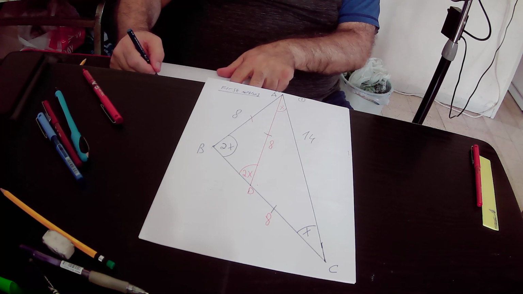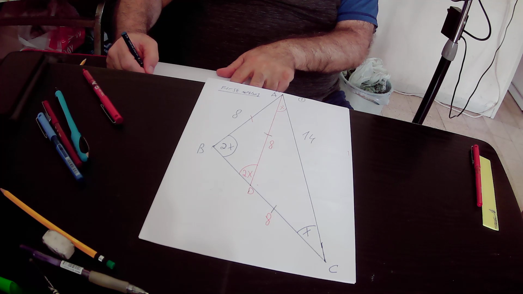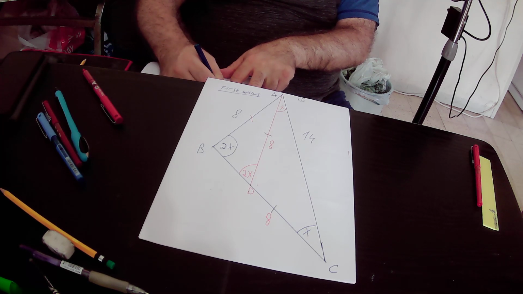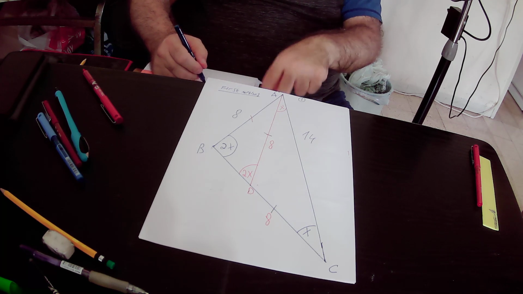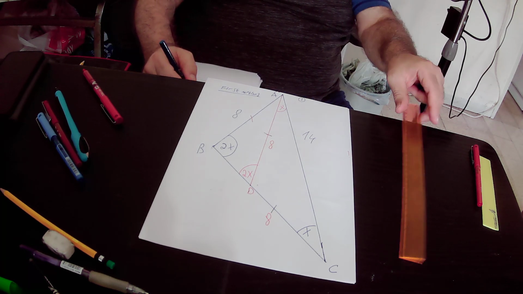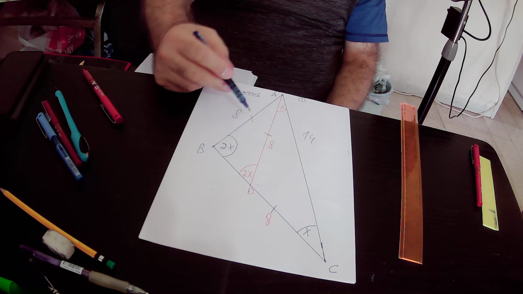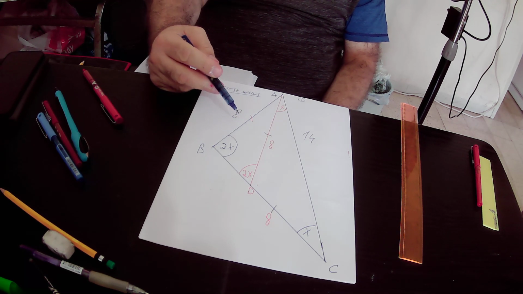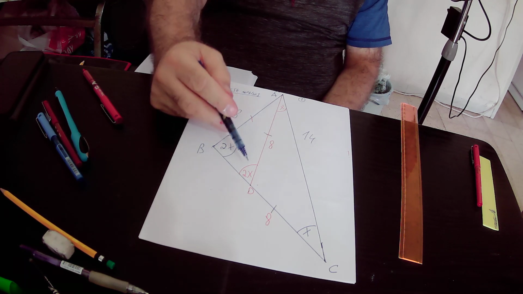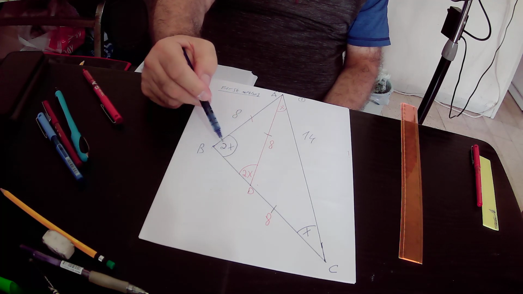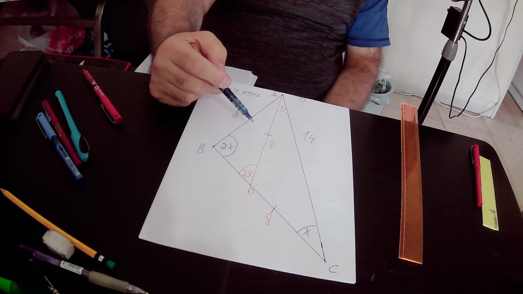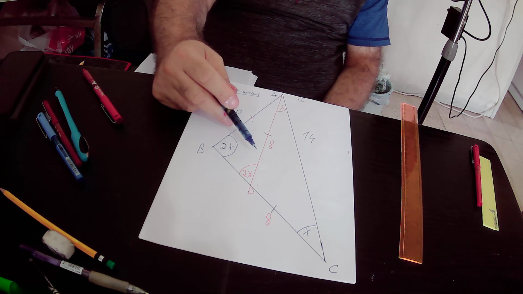if we draw a perpendicular, in this case, in the isosceles triangle ABD, the base is BD.